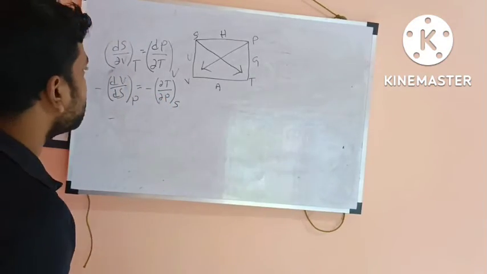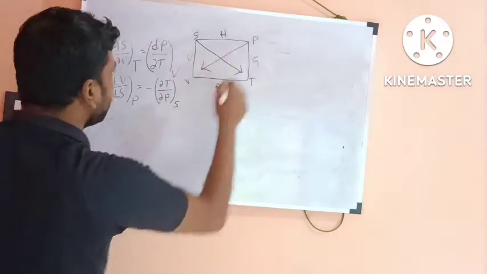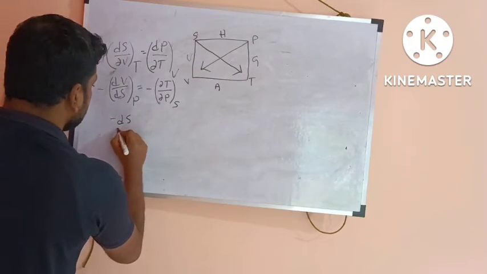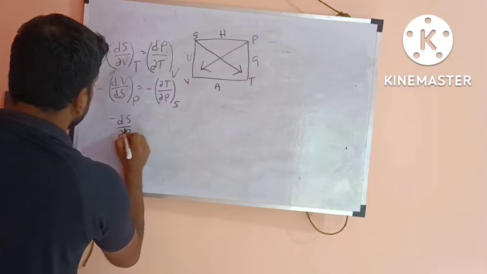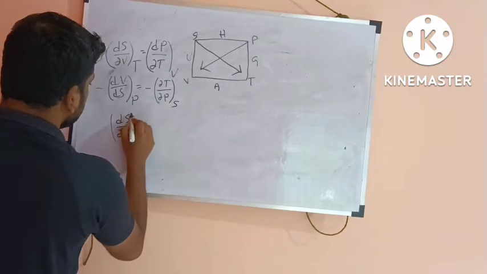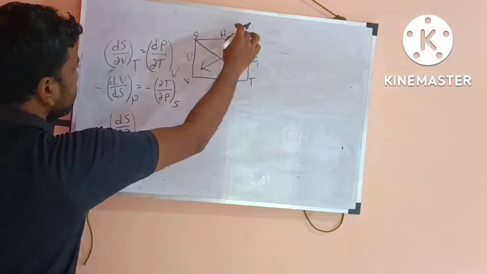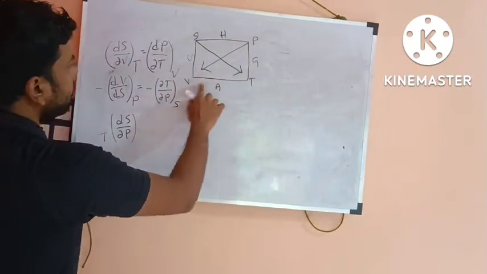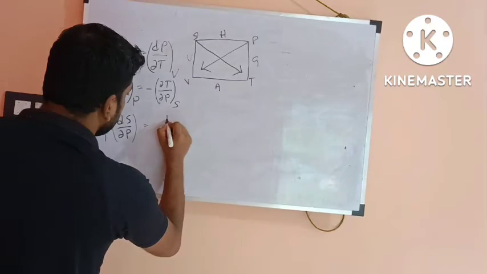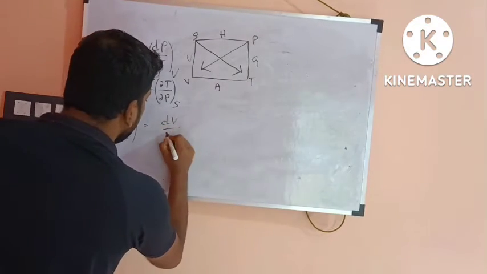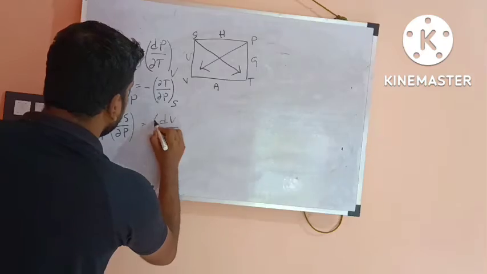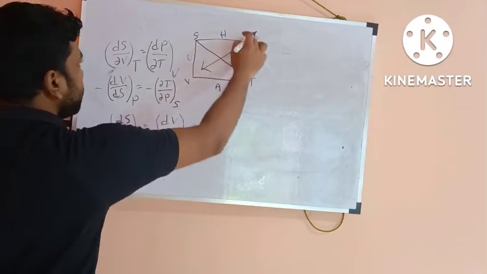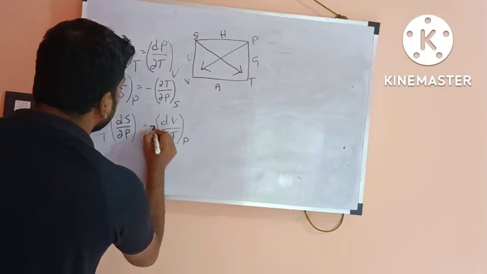So it is two relations, and that is del H by del P. Del S by del P, the constant is T, and here del V by del T. Opposite sign is del V by del T, the constant is P, and here it is negative.